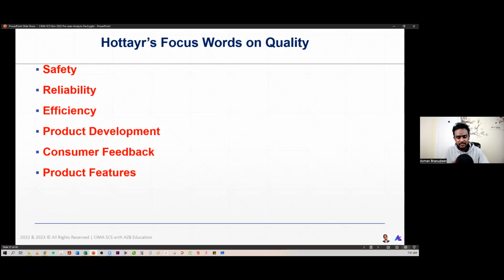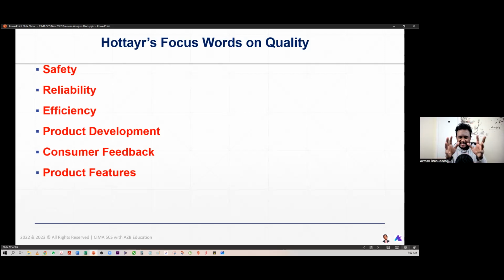And these words are what you see on the screen: safety, reliability, efficiency, product development, consumer feedback, and product features. Our products are safe, our products are reliable, we offer good efficiency, we are focused on product development, right? We don't really lag behind. So there's R&D work happening. Our current CEO, I believe, is also someone who was heavily involved in that space.